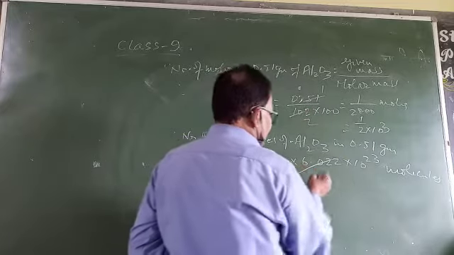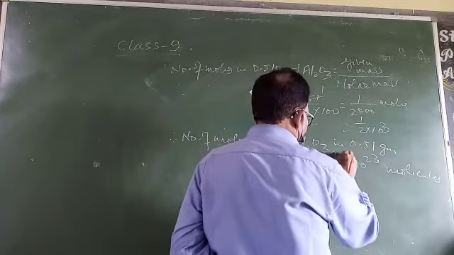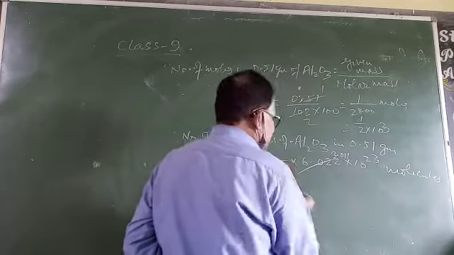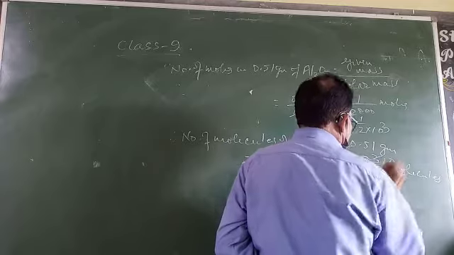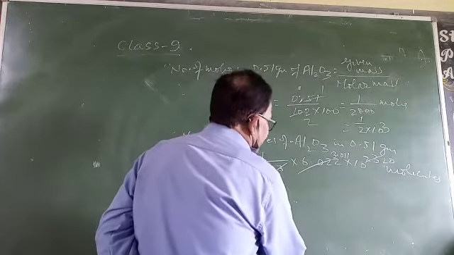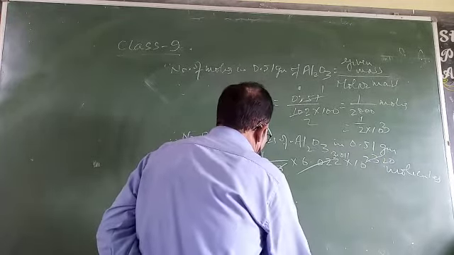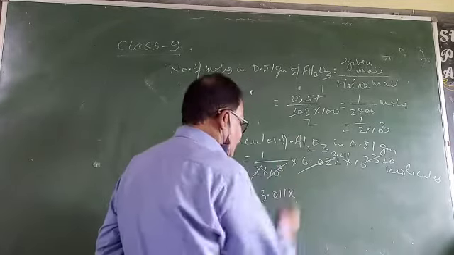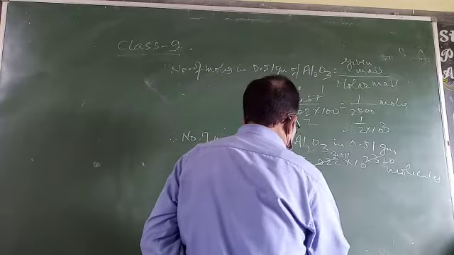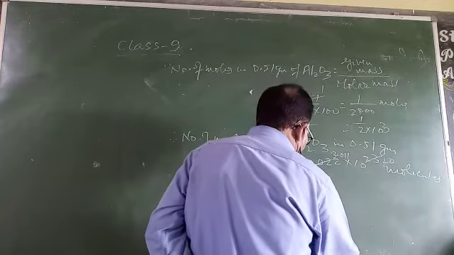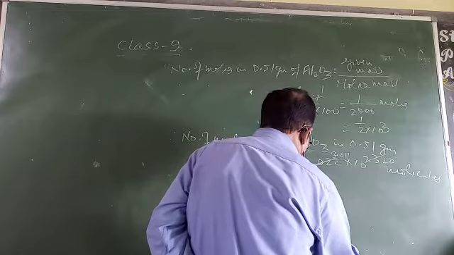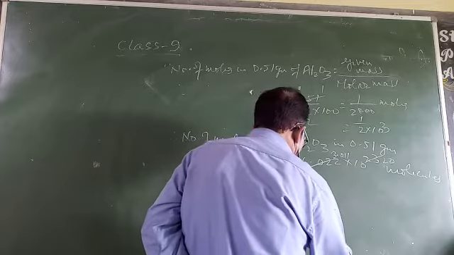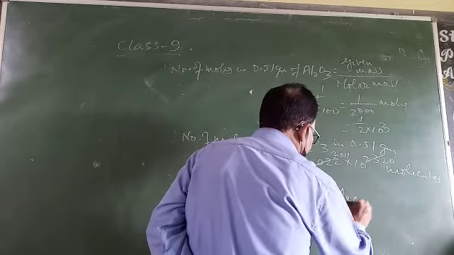Cancelling, we get 3.011. That is, the number of molecules of aluminium oxide in 0.51 gram is 3.011 into 10 to the power 20 molecules.